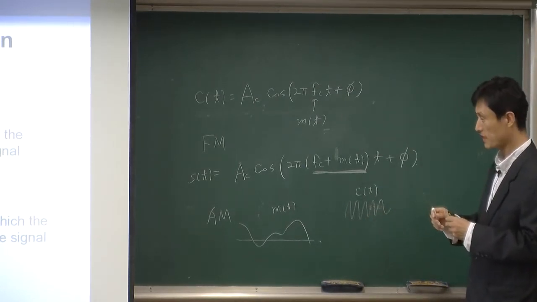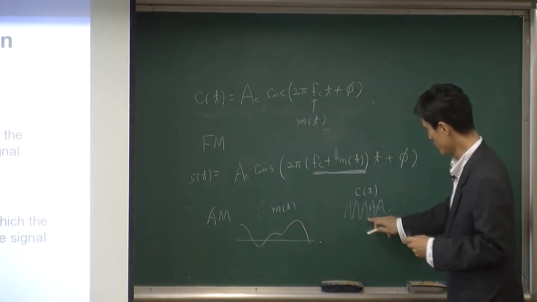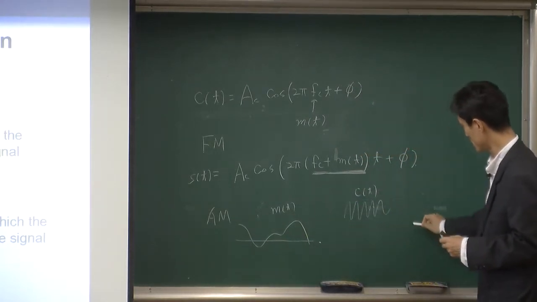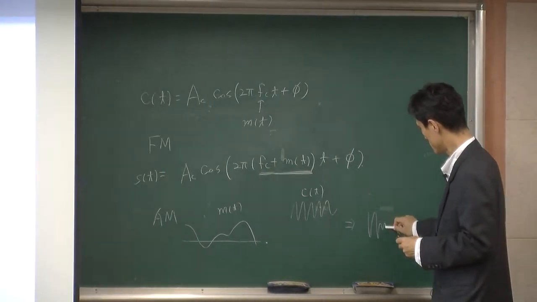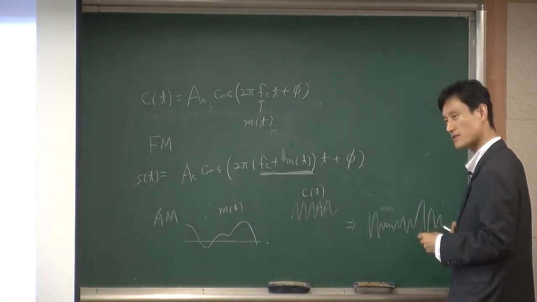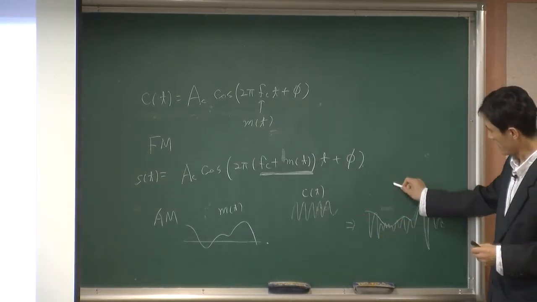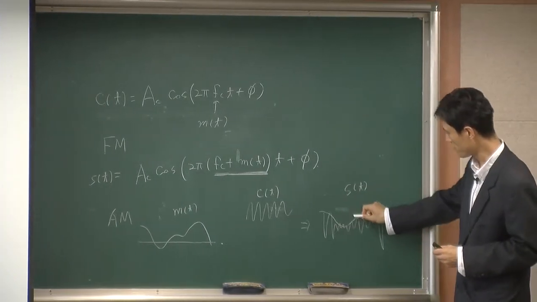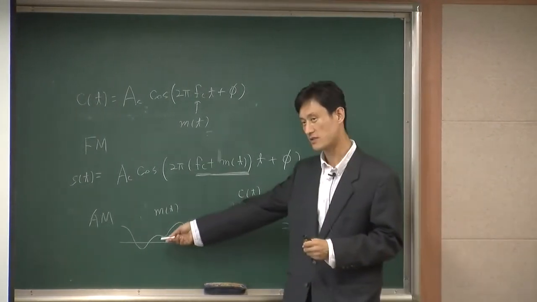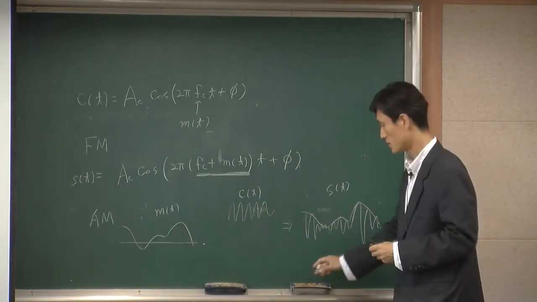And in the amplitude modulation, your carrier times your message will give you something like this, right? Your transmit signal s(t) has different amplitude depending on your message, right? Because your message goes to the amplitude.